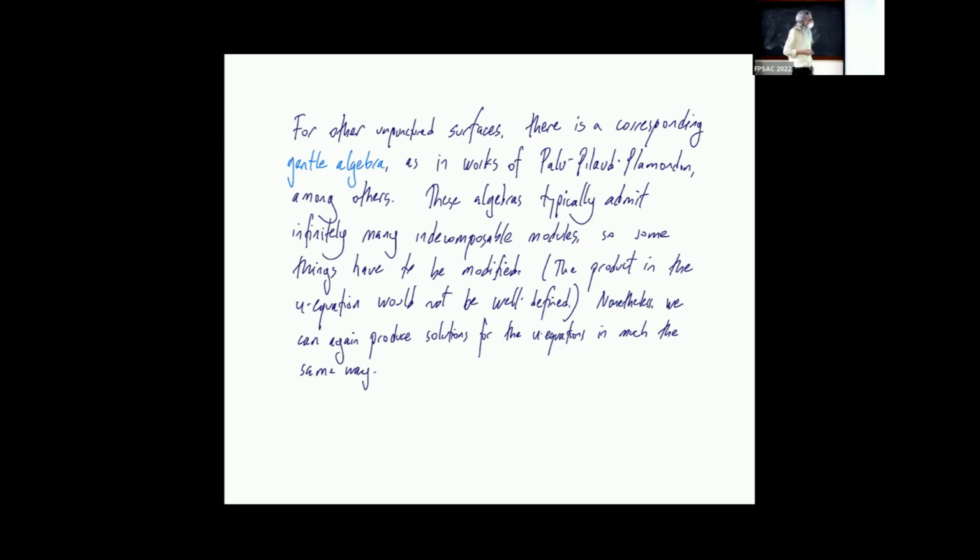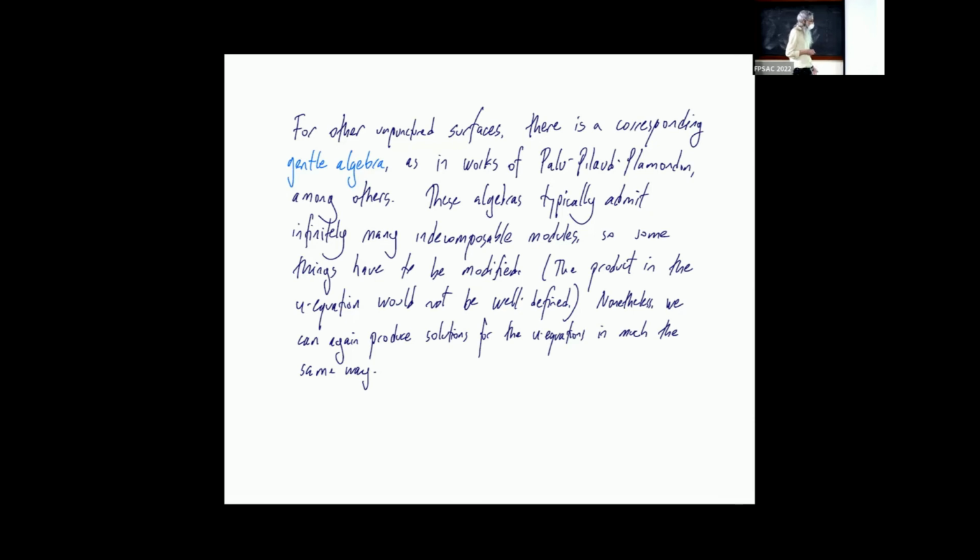Palu, Pilaud, Plamondon is kind of like the most relevant for what we do, but there's other people who are doing similar things. And so the problem from our point of view with these algebras is that they have infinitely many indecomposable modules. And that introduces some complications, which I just decided that for the purposes of giving this talk, I was just not going to focus on.